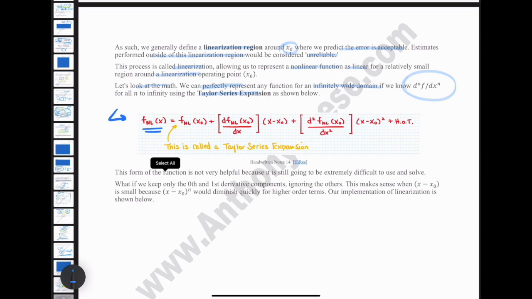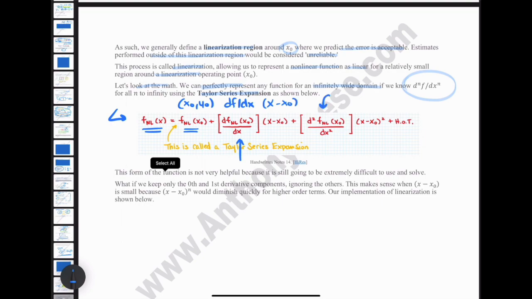For any function of x, we can represent it around an operating point by its operating point value. Right here is x0, y0. Then we take the first order derivative, so this is going to be df/dx. And we multiply that by the difference between our new x value and the original.